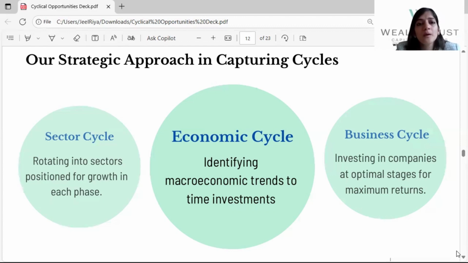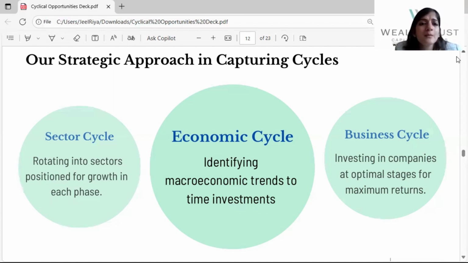But from a bottom-up approach, we see whether the business has also pivoted to take advantage of the sector cycle, because not all companies may be able to do so. That's when the business cycle matters, because it doesn't mean that if your sector is in a good phase, all companies will do well. They have to be in the right place within that business matrix to take advantage.